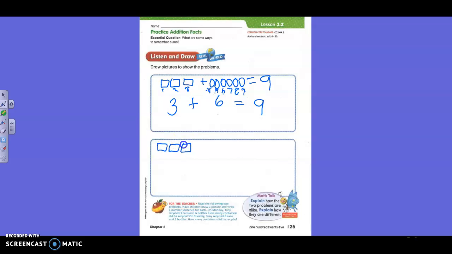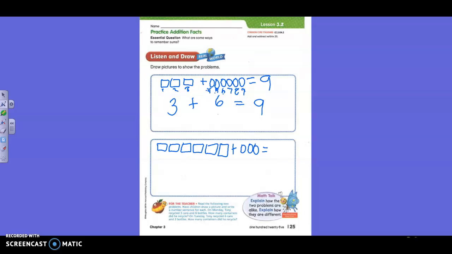So draw 6 squares. Okay, he drew 6, and then he had 3 bottles. I'm going to draw 3 circles for the 3 bottles. And how much does that equal?